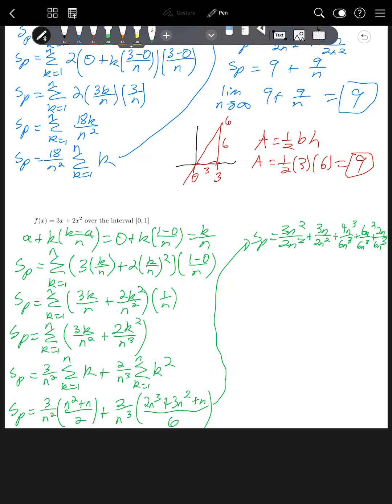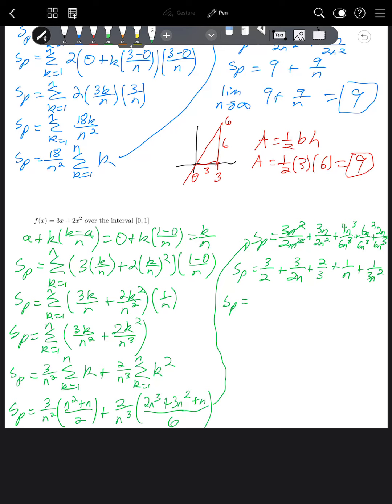And now that we've done that, we can simplify those. So S sub p equals, the n squareds cancel, so 3/2 plus 3 over 2n plus 2/3 plus, the 6's cancel and 2 of the n's cancel, so 1 over n plus 1 over 3n squared, and then combine like terms.